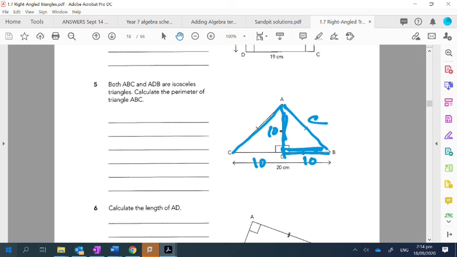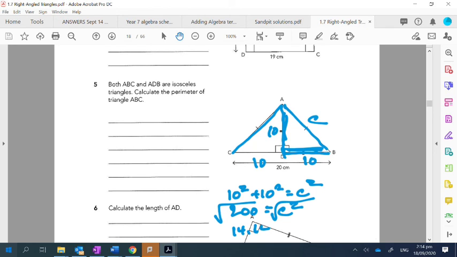So it's 10 squared plus 10 squared equals C squared, which gives you, simplifying it, 200, because it's 100 each, equals C squared. Take the square root of both sides, and you get what? 14.141356. So 14.14 is about C.